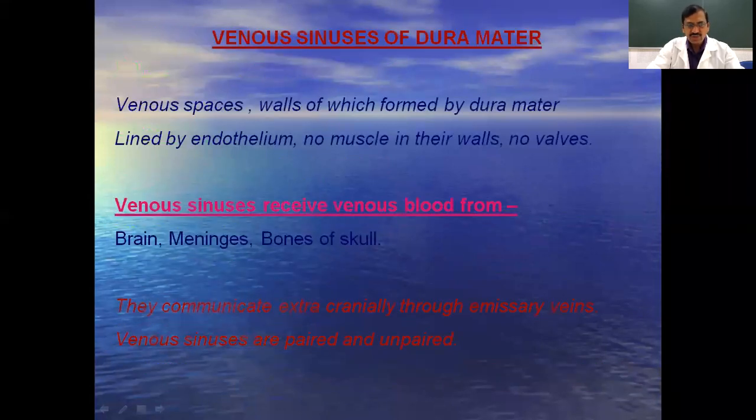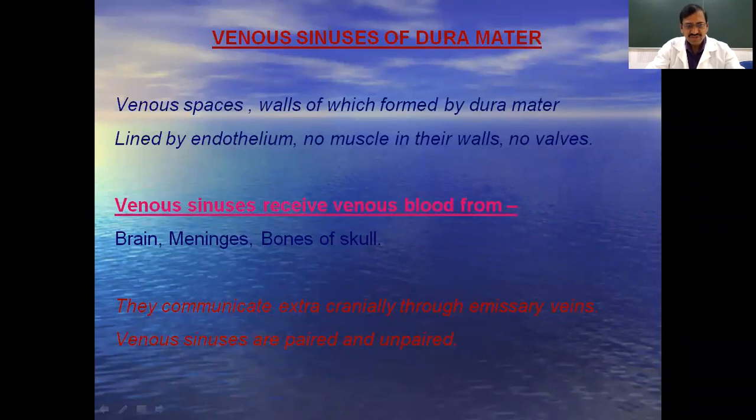Okay. Next, coming to another important topic, the dural venous sinuses. Clinically, these are very important, because the clinical conditions related to the dural venous sinuses lead to many problems related to the brain and cranial cavity.